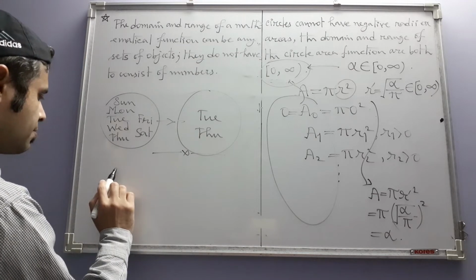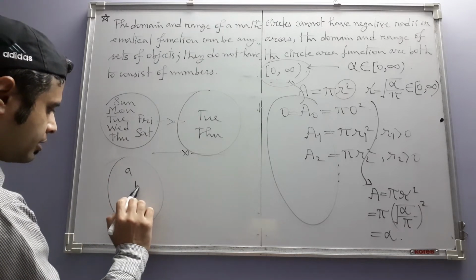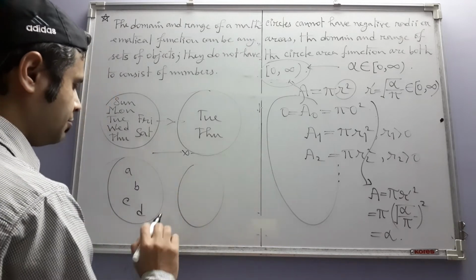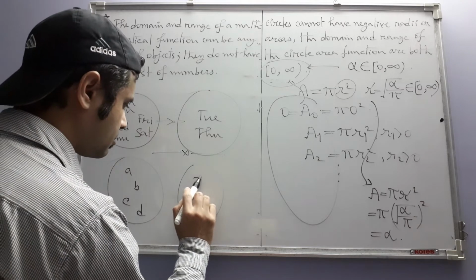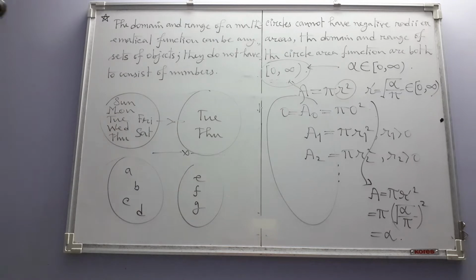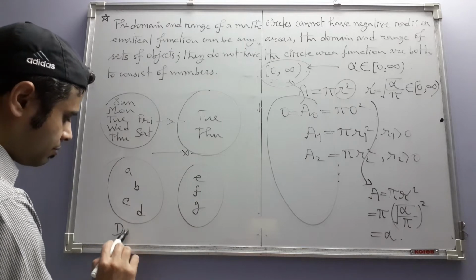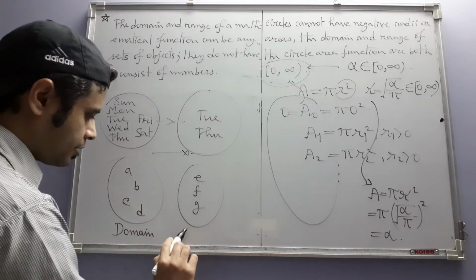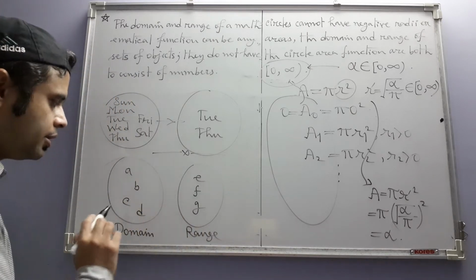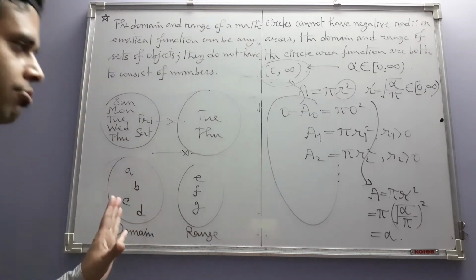Say we have the set of these letters, a, b, c, d, and we have some more letters, E, F, G. This is the domain of my function and this is the range. There is a variable, and that variable takes these four values.